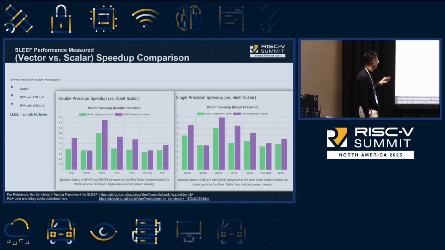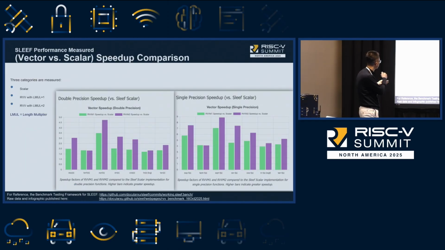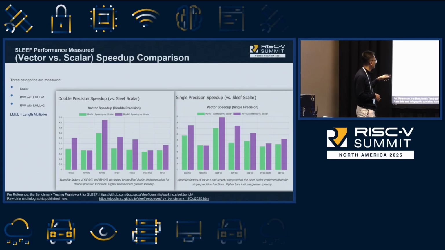So here, the performance from this chart looks much better, much cleaner than GEMM. With bigger LMUL, you get higher performance, which is good. In this page, I compare everything with the scalar implementation.